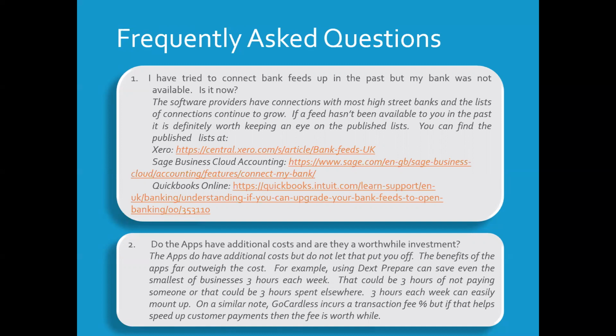So if a feed hasn't been available to you in the past, then it is actually worth keeping an eye out on the published lists. And I've just made a note here of where you can find those for Xero, Sage Business Cloud Accounting, and QuickBooks Online.